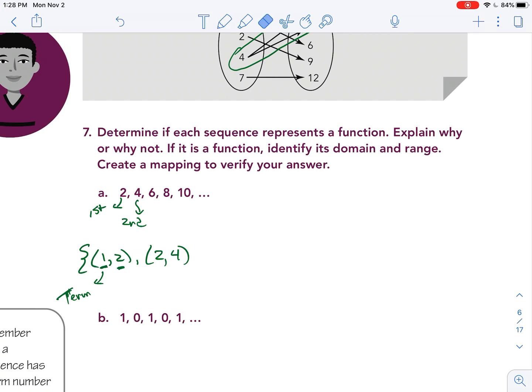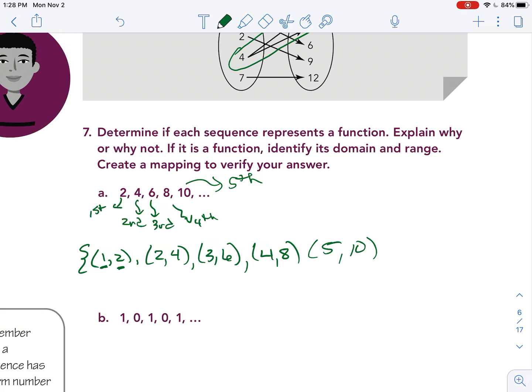And then this is the third one, so this is 3, 6. This is the fourth one, so that's 4, 8. And this is my fifth one, so this is 5, 10.